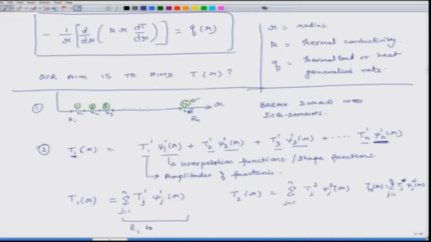It is valid from Ri, which is the internal radius, to Ri plus h1, which is the length of the first element. This function is valid from Ri plus h1 to Ri plus h1 plus h2.